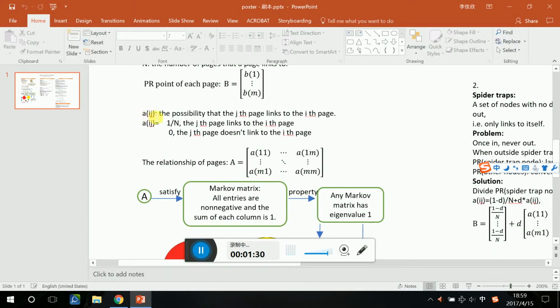Aij means the probability that the jth page links to the ith page. If the jth page links to the ith page, then it equals 1 over n. If it doesn't, it equals 0.